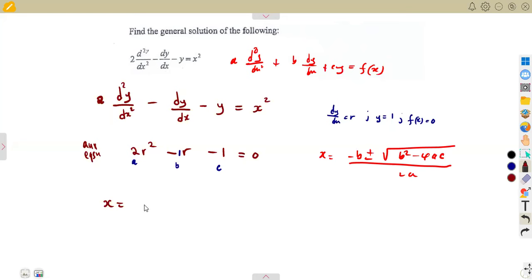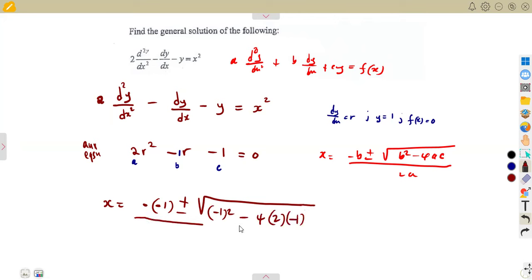So we have negative 1 plus or minus the square root of b squared, which is minus 1 squared, minus 4 times a, which is 2, times c, which is minus 1. This whole part is over 2a, which is 2 times our a, which is 2.